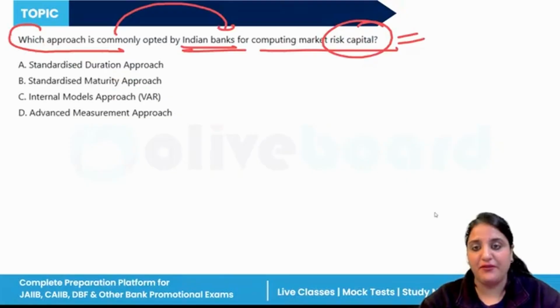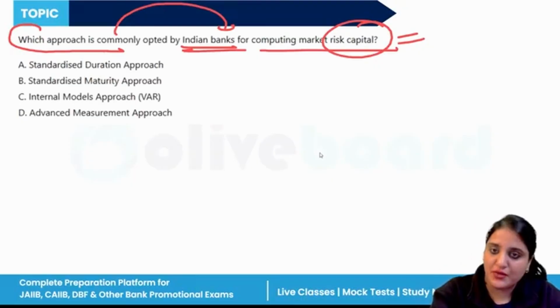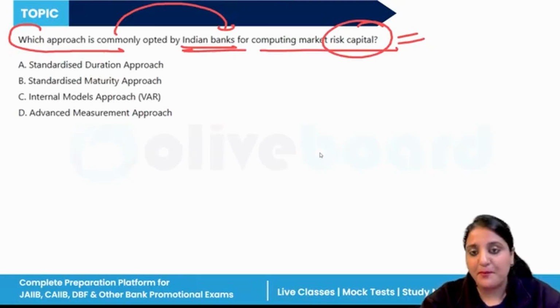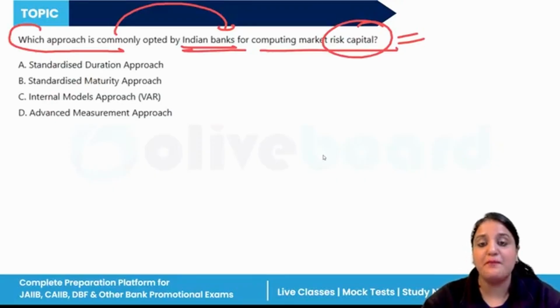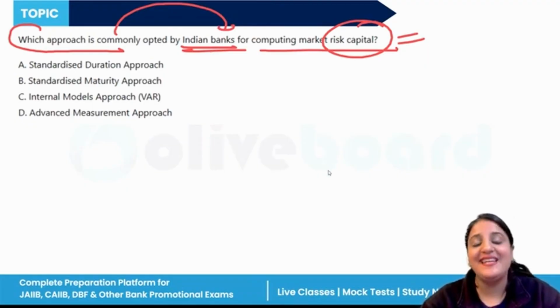Under the Basel framework, banks can compute market risk capital using the standardized duration approach, which is opted by Indian banks, the standardized maturity approach, the internal models approach, and the advanced measurement approach, which needs RBI approval. Indian banks commonly use the standardized duration approach because it is regulator prescribed, very simple, and requires less model validation.